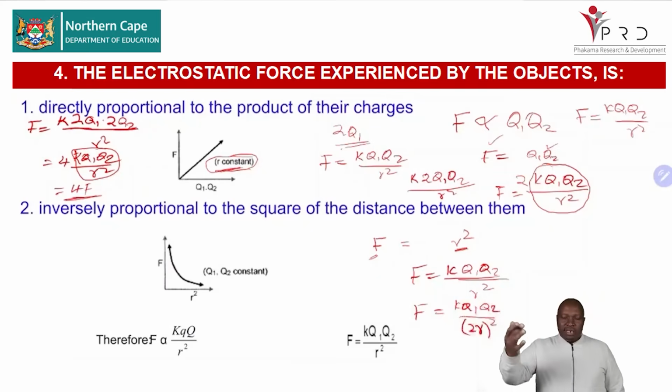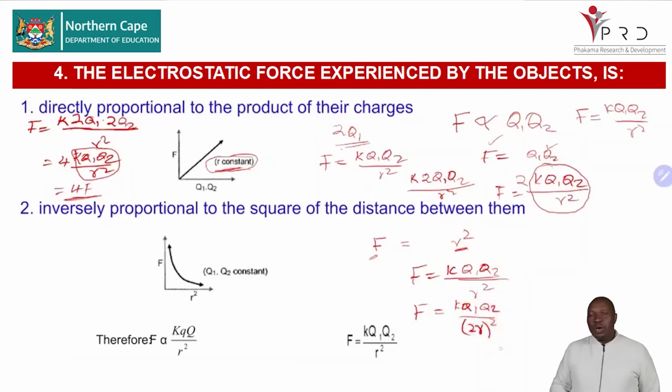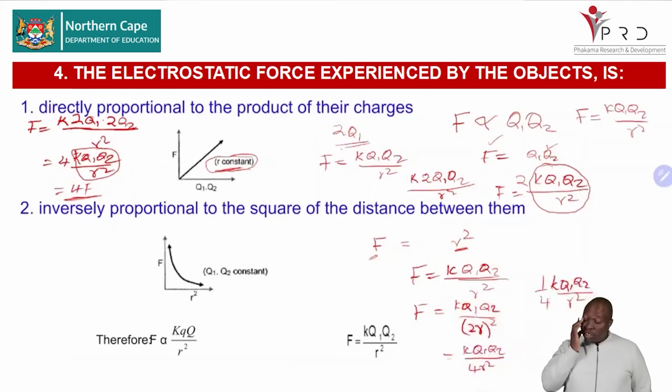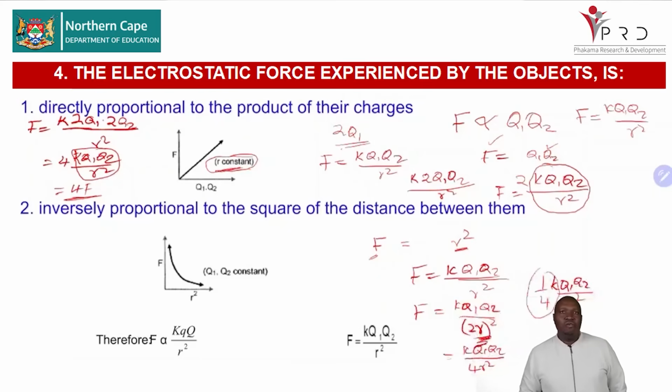So it's (2r) squared, which gives you 4r squared, which means now we have kQ1Q2 over 4r squared. We can simply take out the 1 over 4 there, and then you will have 1/4 kQ1Q2 over r squared. It means that when we double the distance between the charges, the force will decrease by a factor of 1 over 4.